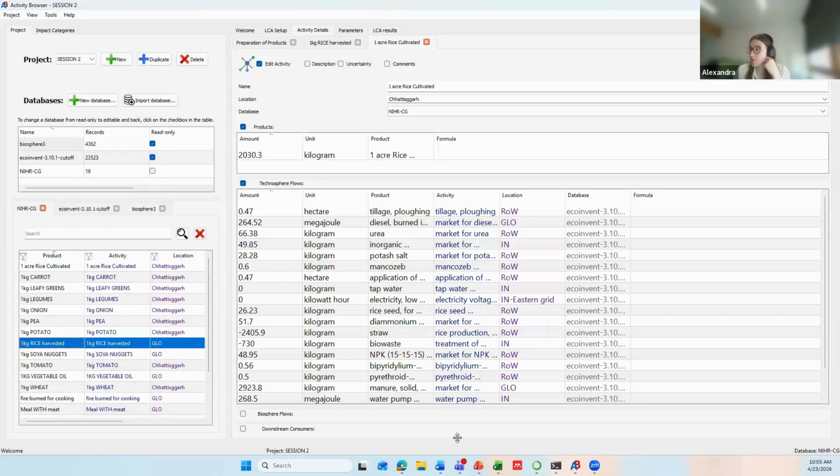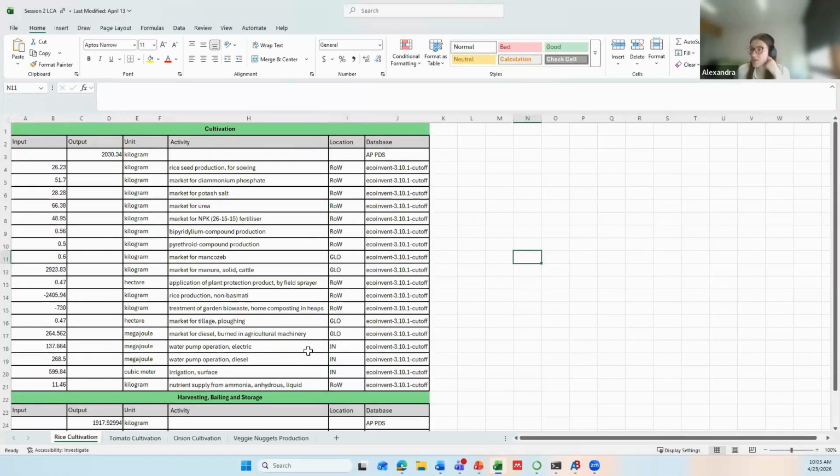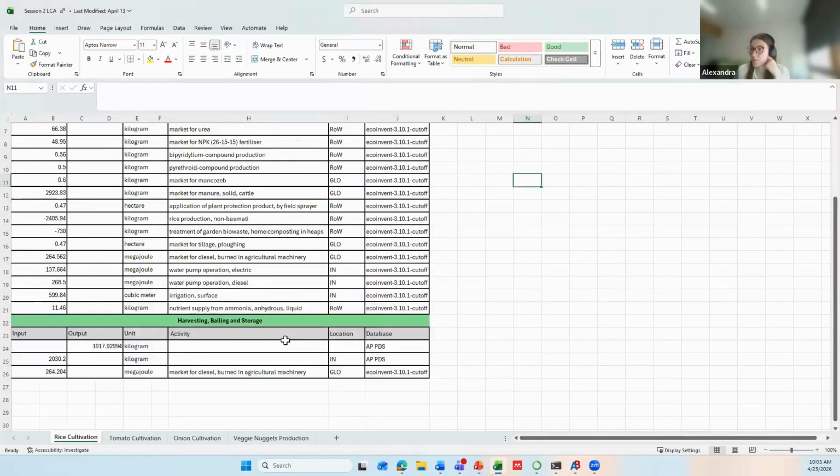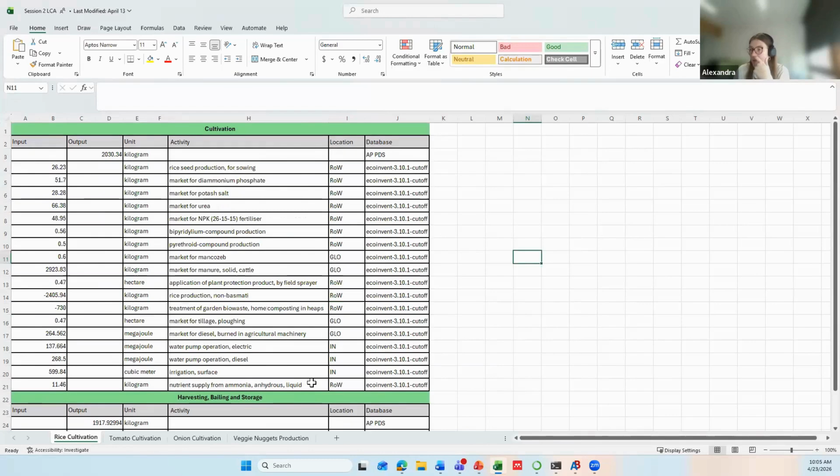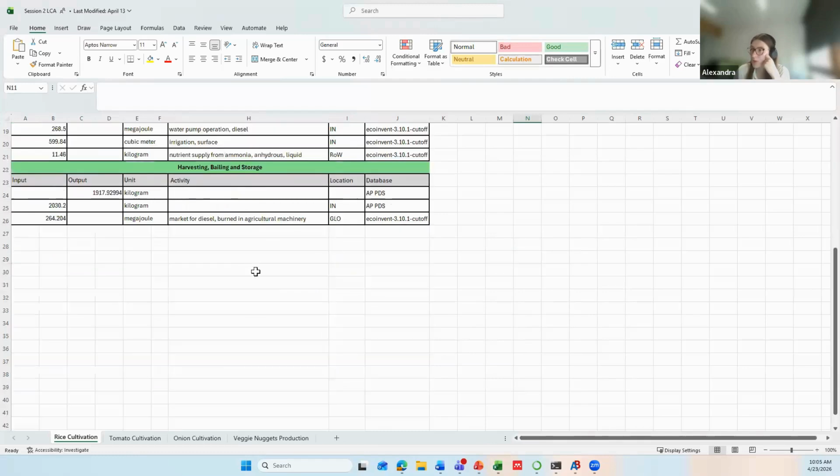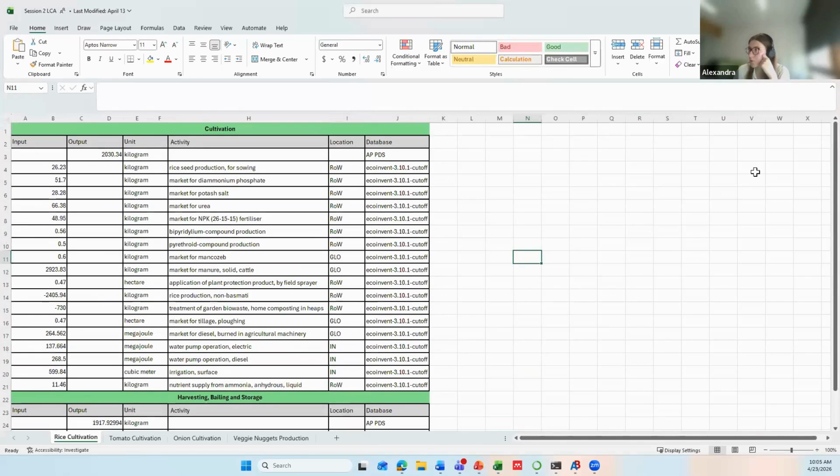So we go back to our LCI. We know what we want to use. We have here cultivation, harvesting. We won't be looking into other aspects in this case, just to keep it simple. But we would also include milling and so on. But I don't want to prolong it because it's just repetition of the same structure. So once you've looked at your primary data, you might have 20 stakeholders.